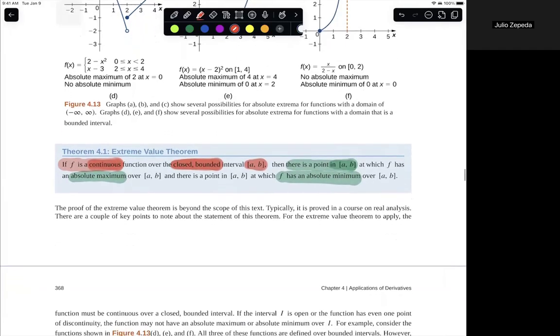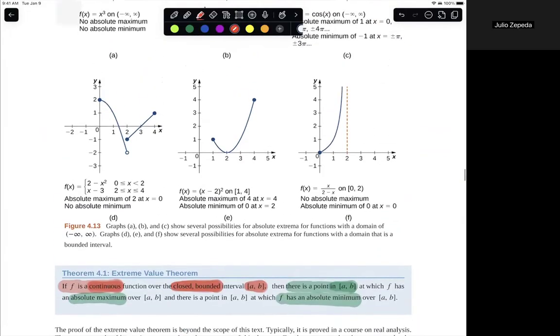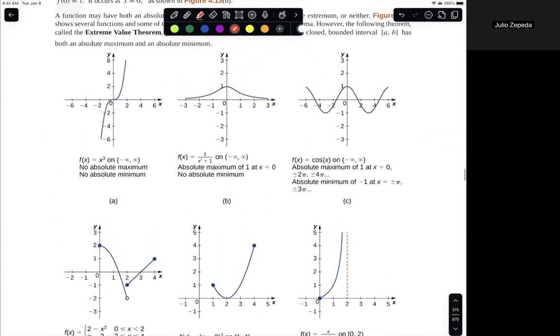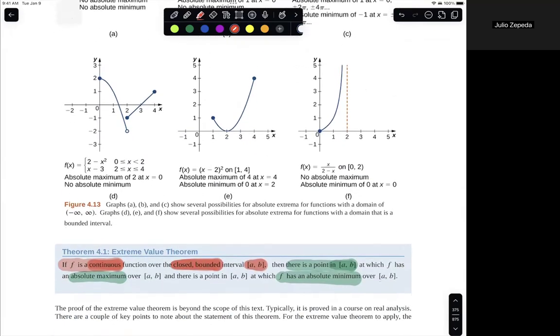Okay, so let's go ahead and take a look at a couple of examples just very quickly here in the textbook. We can start with f of x equals x minus 2 squared. We know that that's a parabola.